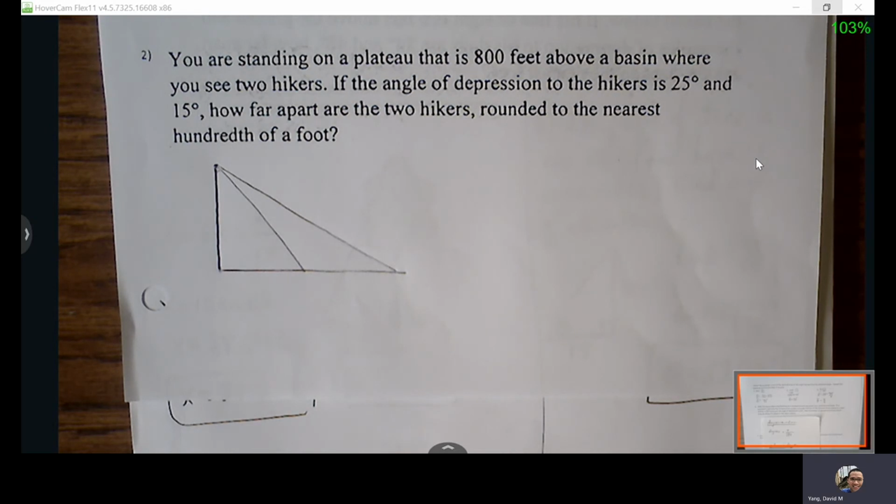So I'm going to split this up into two smaller diagrams. After I find y and after I find z, what am I going to do with those two values? Subtract them, and that will help me get the missing part I'm looking for.